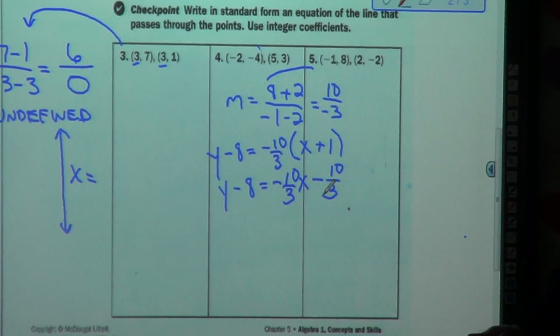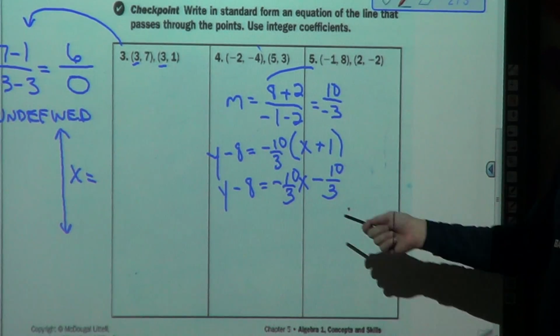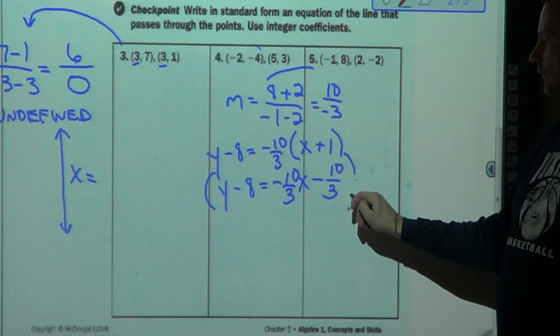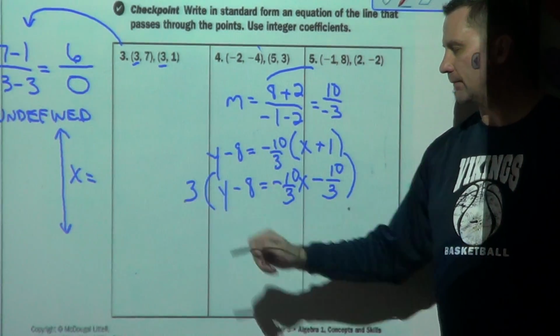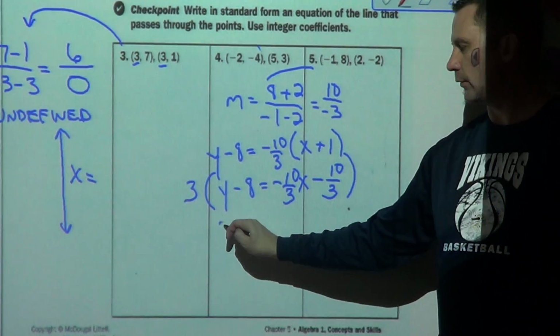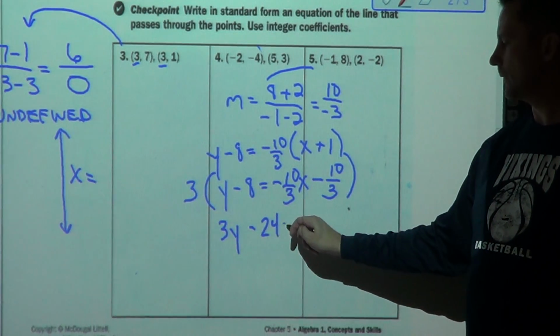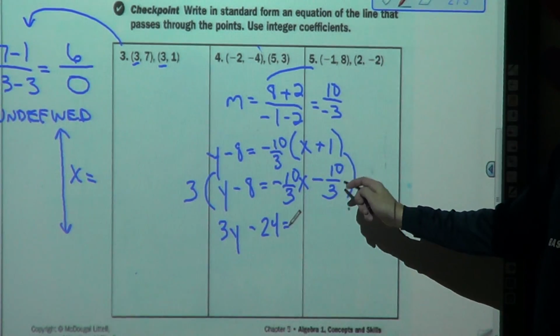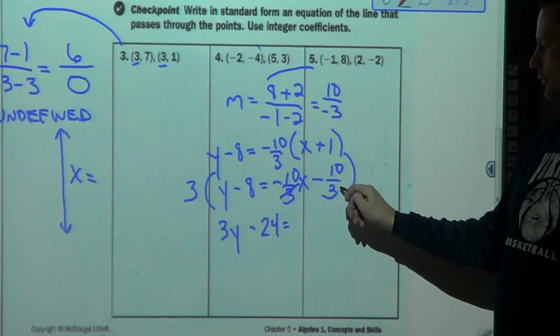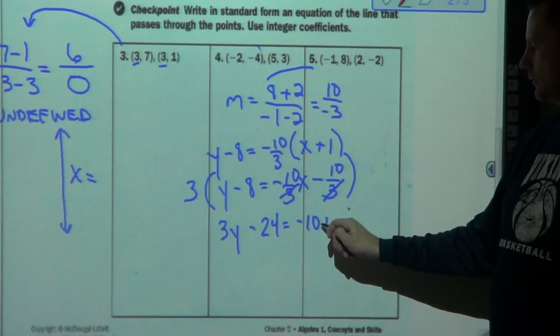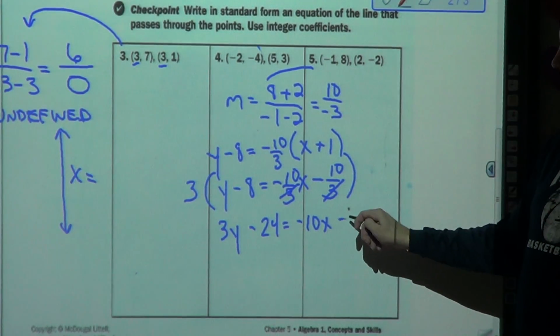Okay, at this point right now we're going to get rid of the fractions, so I need to get rid of thirds. So we multiply everything in there, not just the fractions, everything by 3. So that gives me 3y, 3 times 8 is 24, and when you multiply 3 times thirds, the thirds cancel. So it leaves -10 times x, which is -10x, and then -10.